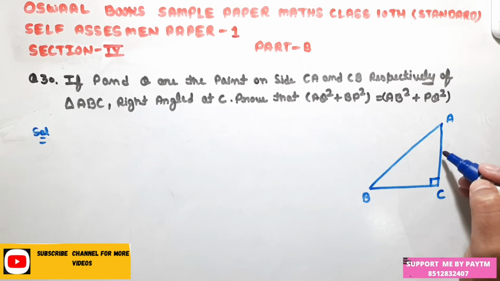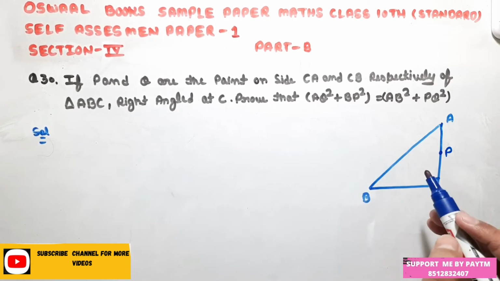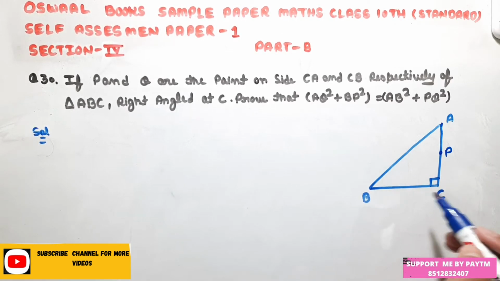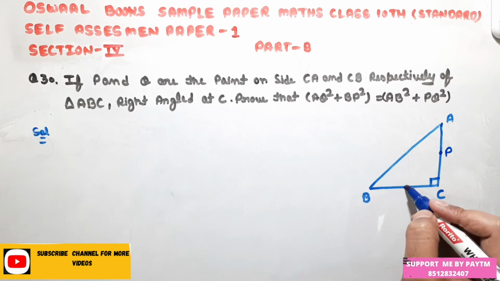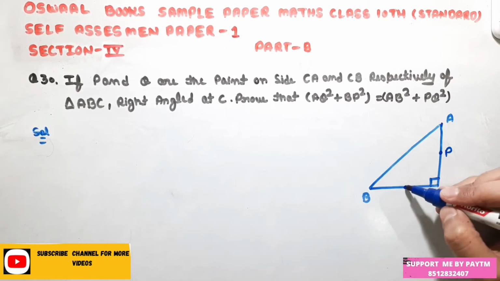Let the point P be on side CA and point Q on side CB. Let us join this.